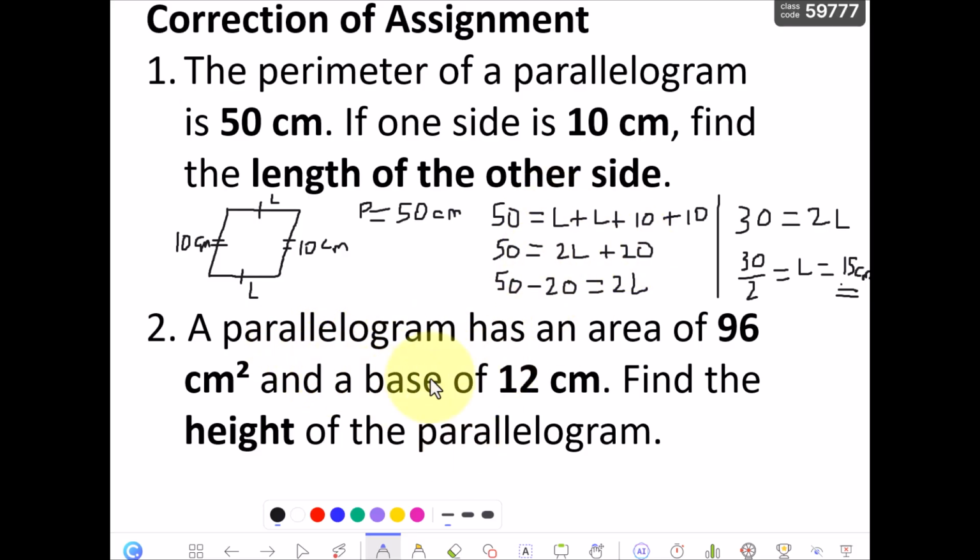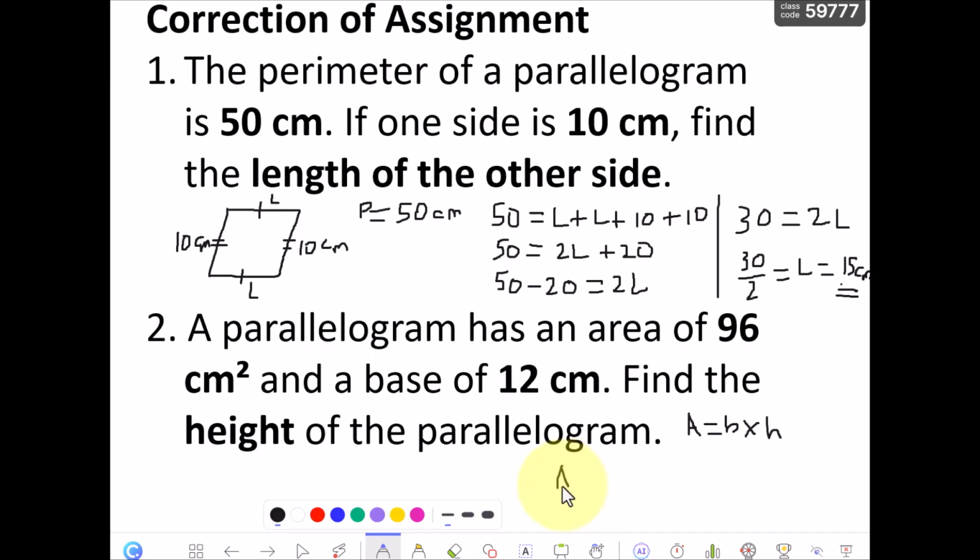Then number two gave a similar question to number one, but this time around they gave the area. So the area of this parallelogram, remember, according to our formula, is base times height. And now area is given as 96.